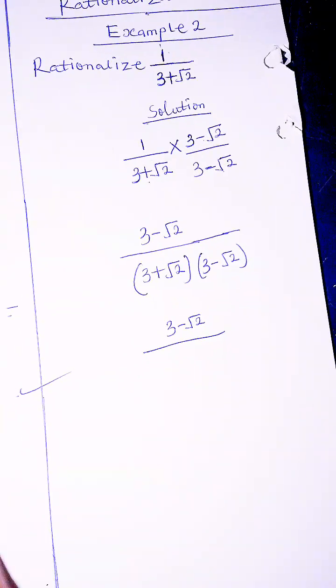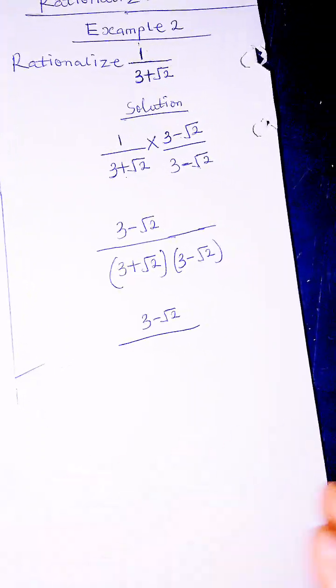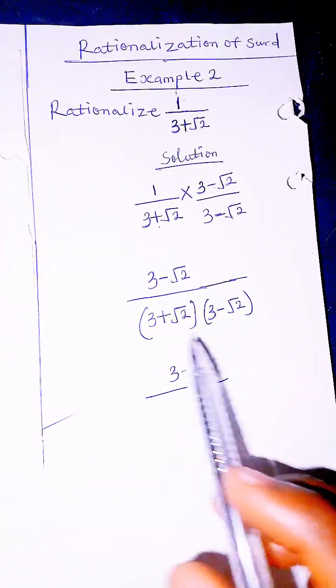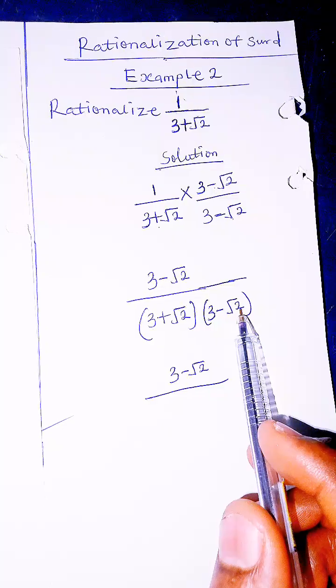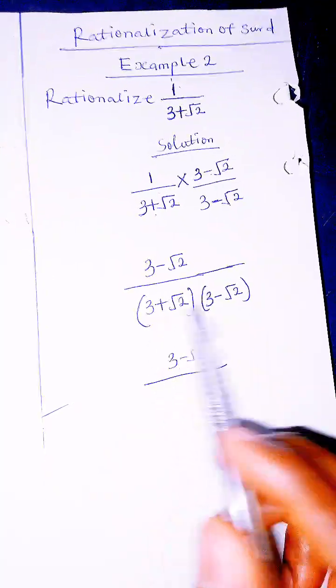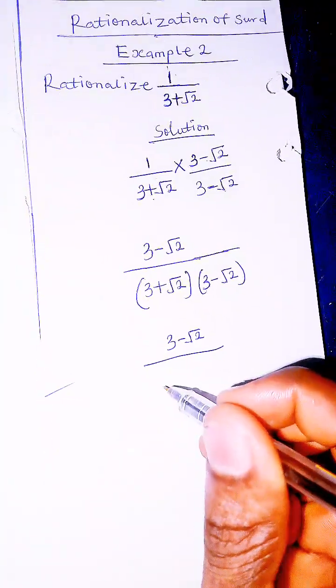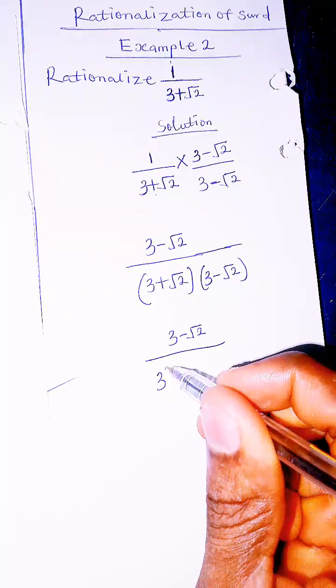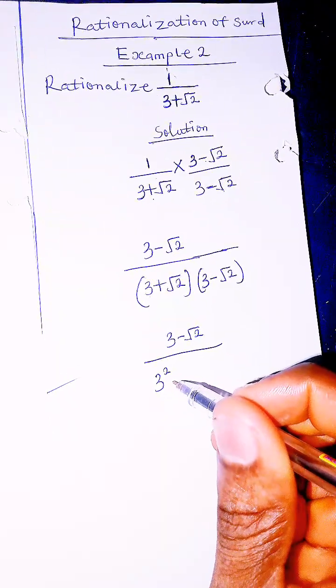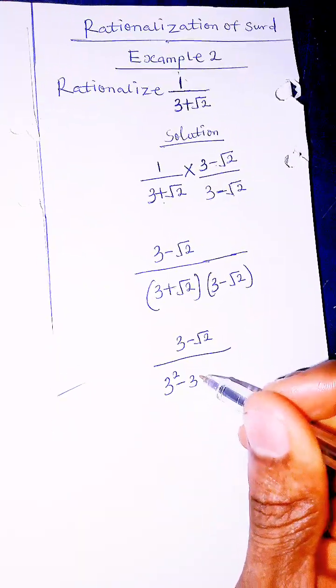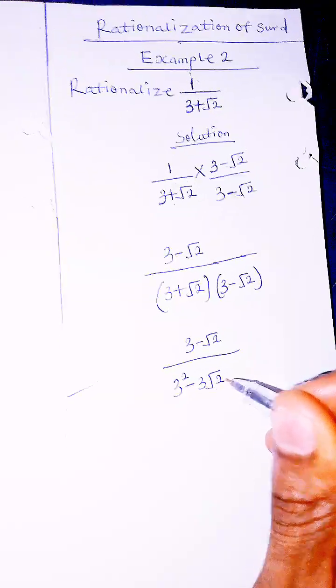Now we are going to open up the brackets. We use this 3 to open up this second bracket. We have 3 times what? 3, which will give me 3 square, minus 3 root 2.